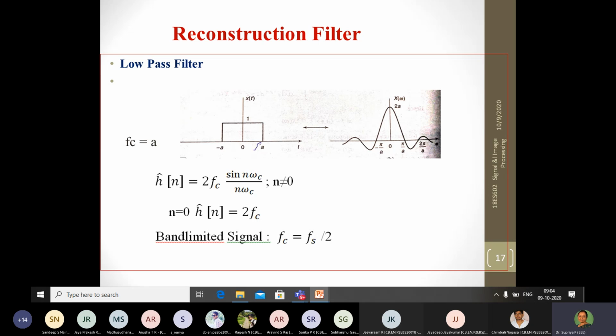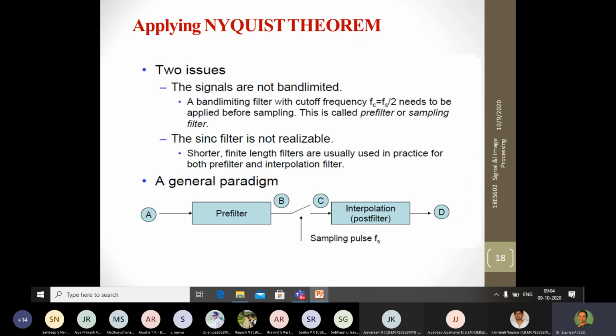used for applications. As has been mentioned here, there are two issues when we are applying the Nyquist theorem. One is when the signals are not band limited, we apply a band limiting filter which has a cutoff frequency as given before, half of the sampling frequency, and this is called a pre-filter.